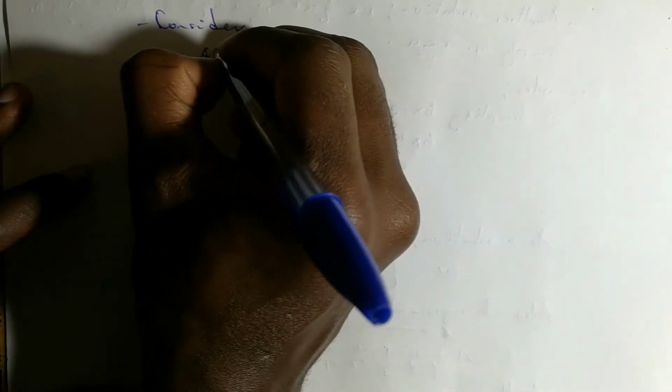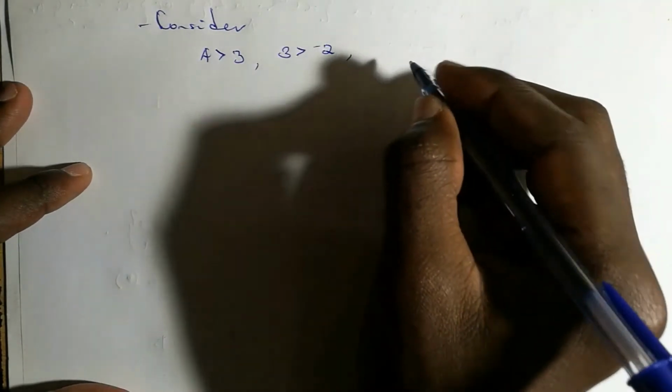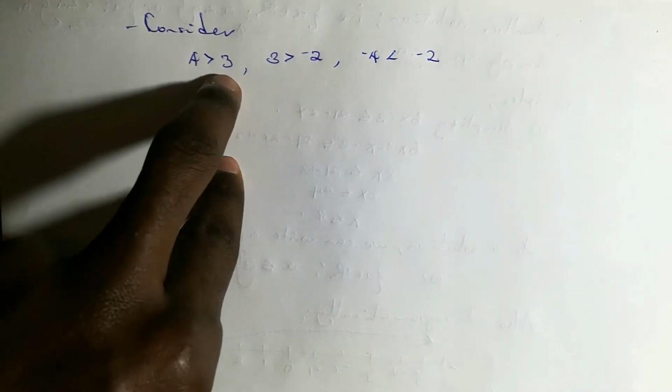Let's consider the following. Let me say 4 is greater than 3. We have another one, 3 greater than -2. We can check on which other number. Let me say -4 less than -2. If you can see this scenario, we have 4 greater than 3, that's true.